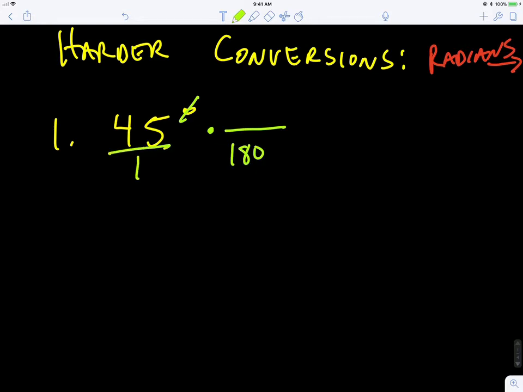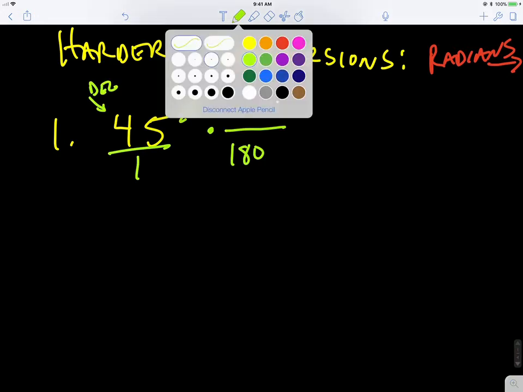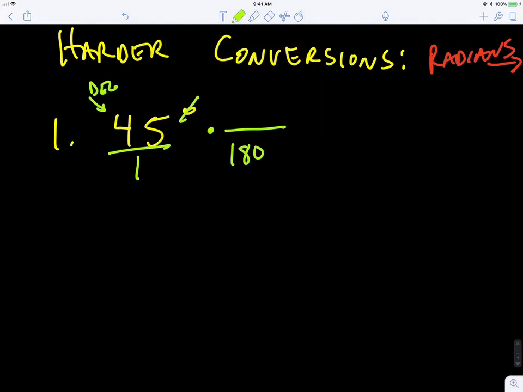In here I have degrees in the numerator, and on this fraction I need to then have degrees in the denominator so that those degrees cancel. So now there's no more degrees left. I'm left with radians. Okay, so that's how I know which one to choose.